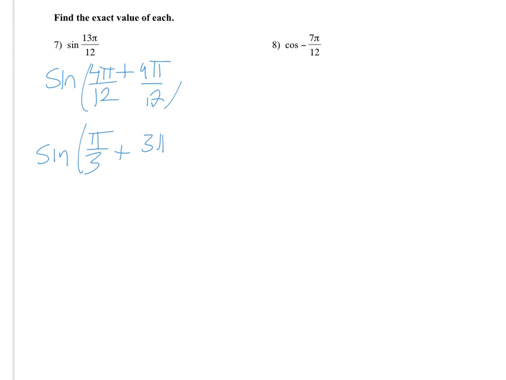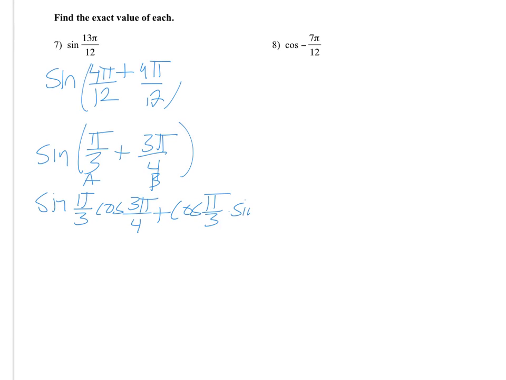And sine of 3 pi over 4. That's nice too. So that's going to look like sine of A plus B, where A is pi over 3 and B is 3 pi over 4. So sine pi over 3, cosine 3 pi over 4, plus cosine pi over 3, sine 3 pi over 4.